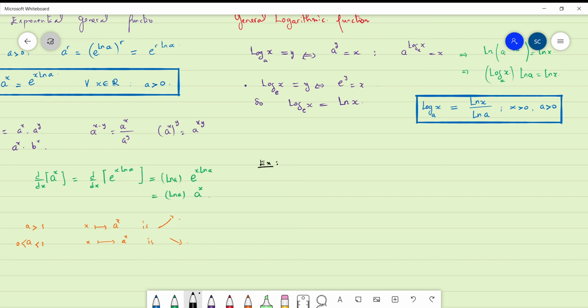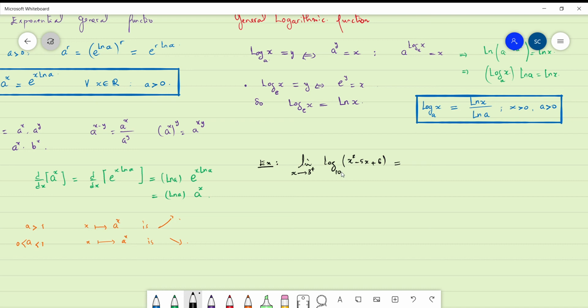What if I was asked to compute the limit of the general logarithmic function base 10 of x^2 minus 5x plus 6, when x approaches 3 from the right? If I substitute inside, I see that the polynomial takes the value 0, so the function is not defined, so I have an indeterminate.